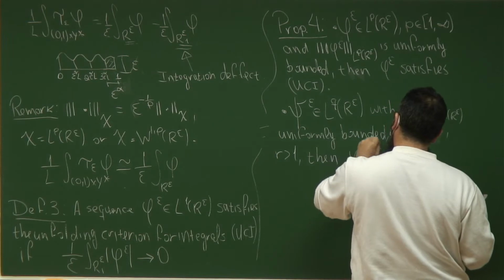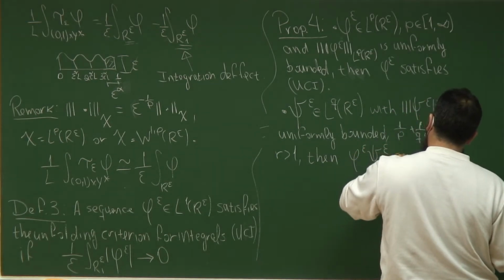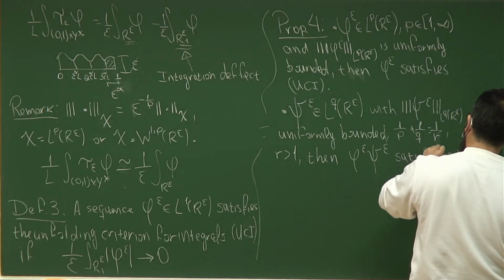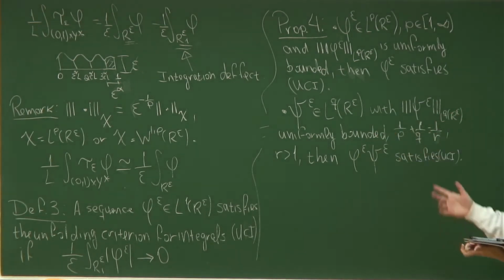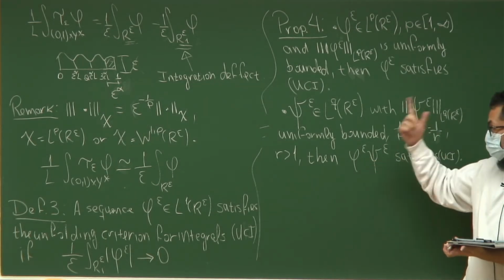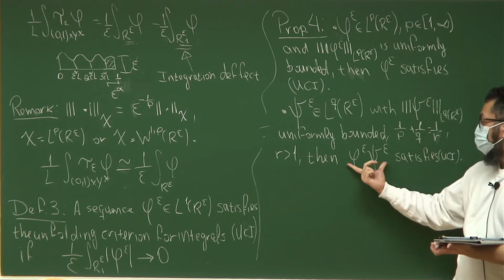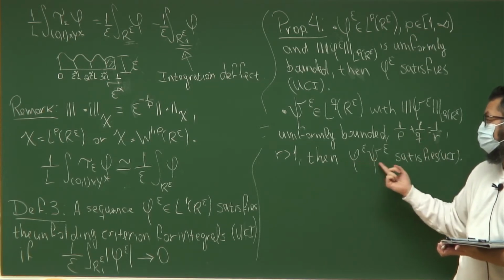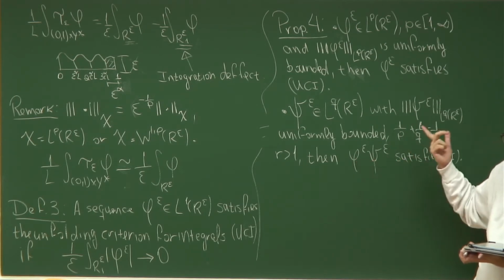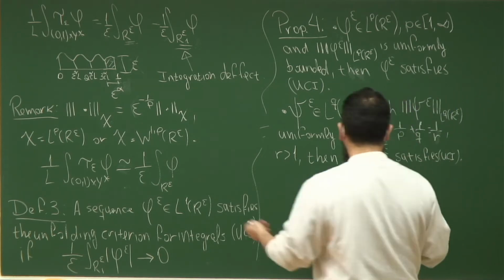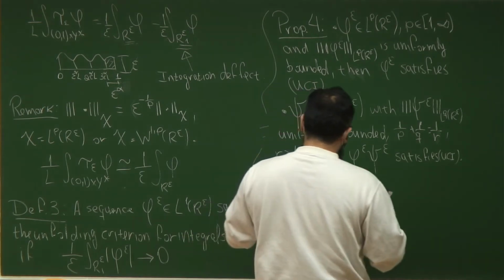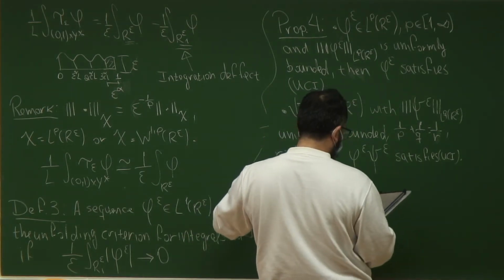Then the product also satisfies UCI. Well, this makes a lot of sense because when we get variational formulation of differential equations, we have this kind of product, which means that we have a function and the test function in the variational formulation. So this is one of the most important properties.